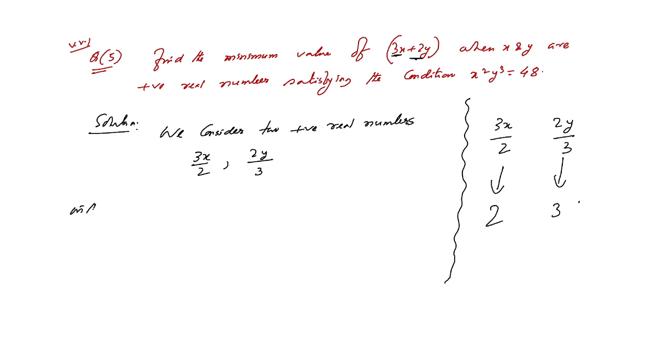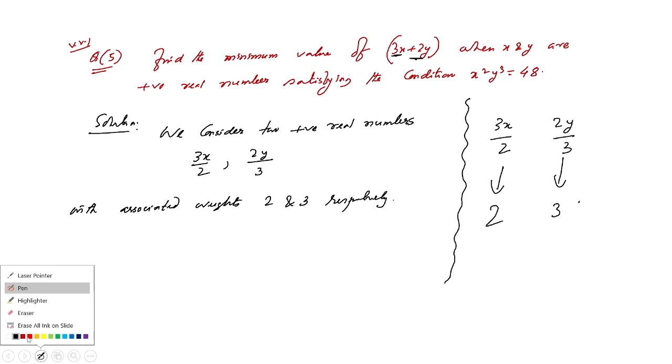So with associated weights 2 and 3 respectively. So এটা ধরতে পারলে তোমার অলমোস্ট প্রবলেম হয়েই গেল। Then you will apply the weighted arithmetic mean greater than or equals to weighted geometric mean.